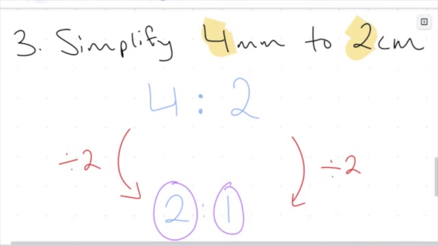So that doesn't really make sense. This violates what we know about measurement. I'm taking a smaller unit, because millimeters are a smaller unit of measurement, and I'm saying through this ratio that that's larger than the unit of 2 centimeters. That doesn't work.